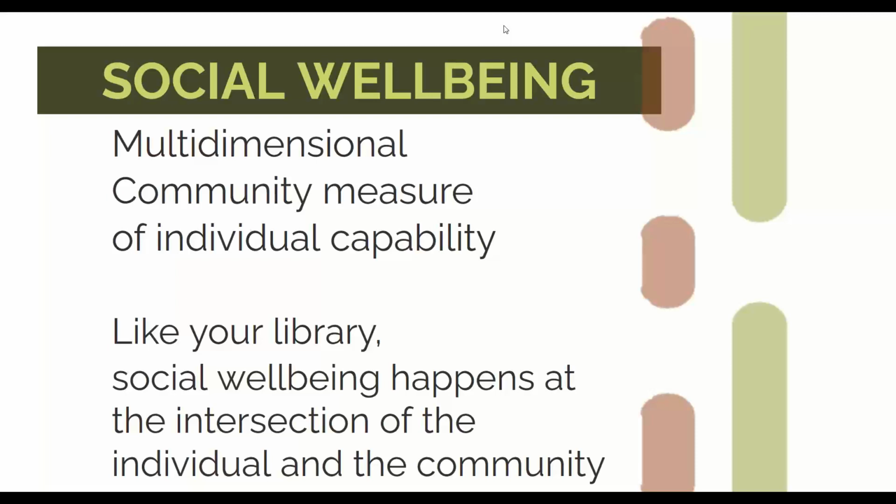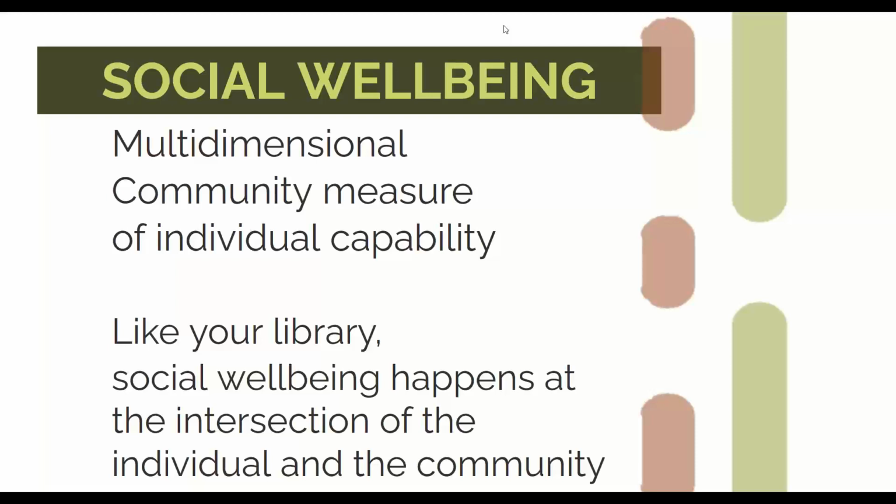We can imagine when we think about our own experiences that there's this intermediate space that happens between our own human selves and our insides and what happens out there. When we talk about social well-being, we're talking about a lot of different dimensions that impact how you interact with the community and what your abilities are when you interact with them.